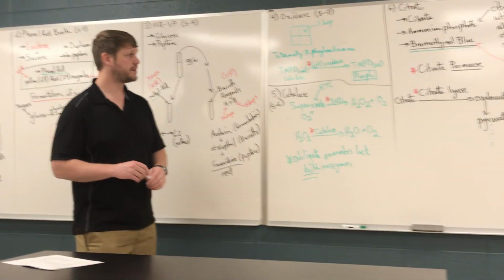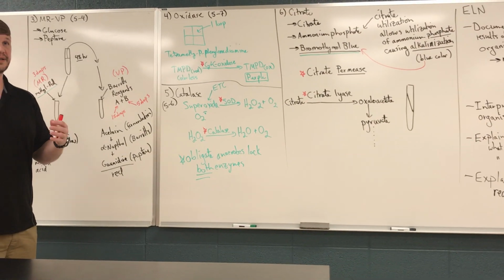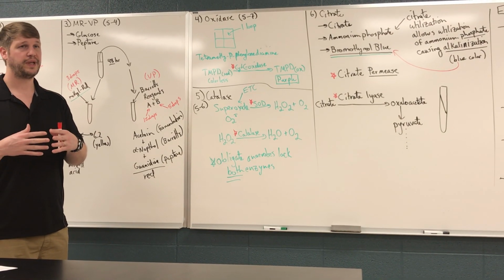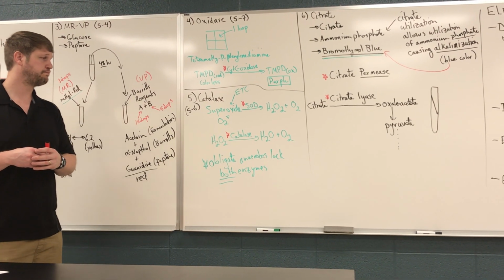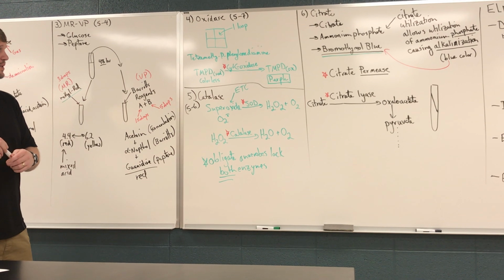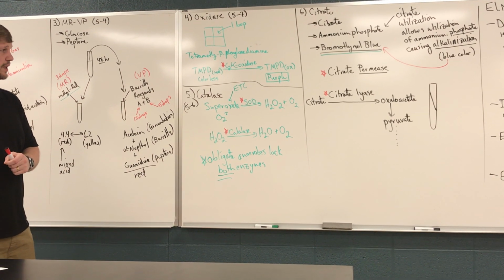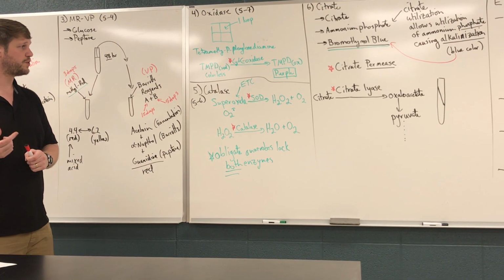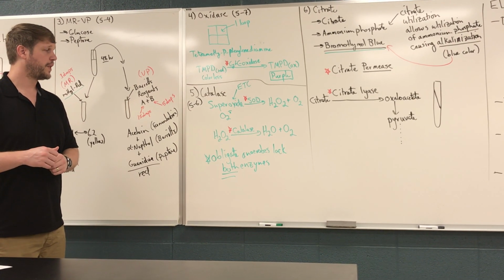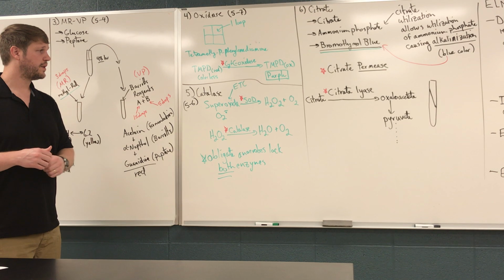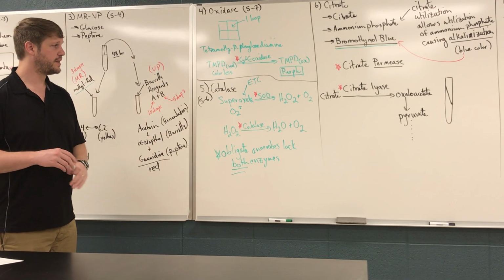The next two tests are really looking at oxidation of different compounds, or the capacity to oxidize things using some sort of electron transport chain. So we'll start by looking at catalase here a little bit.